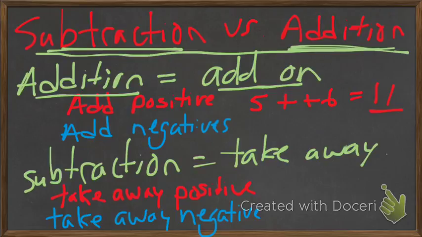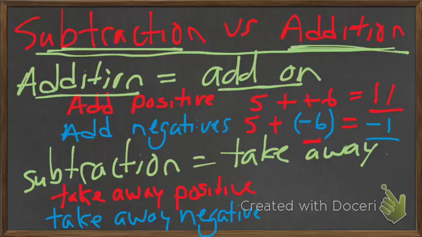But you can also add negatives. So if I start off with 5, and I add, say, -6, what I'm doing here is I'm taking them away, right? I'm adding on negatives. So if I have 5 salamanders and I take away 6 salamanders, I end up with -1 salamander. That gives me a sad face, because I'm running out of salamanders.